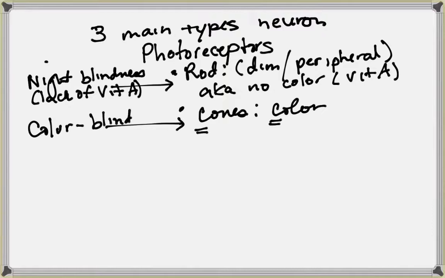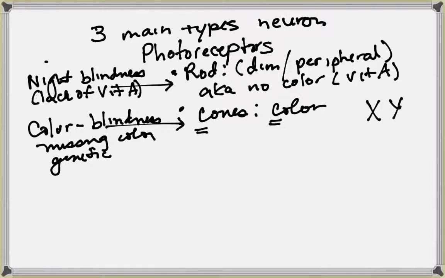There's nothing you can do about color blindness. You're basically missing certain cones, and this is genetic. It's actually X-linked recessive, which means if you're a man, you get it from your mother because men are XY, and you get it from here. If you're female, you'd have to get it from both your parents. So females are less likely to be colorblind.